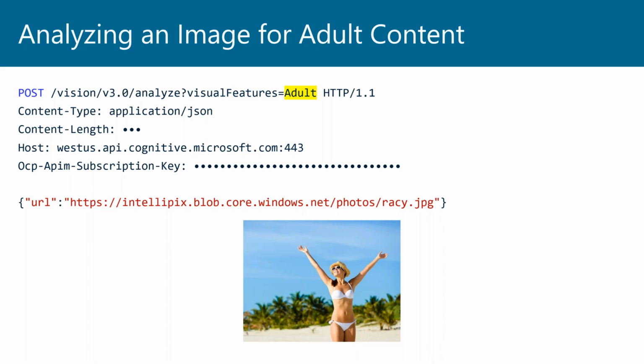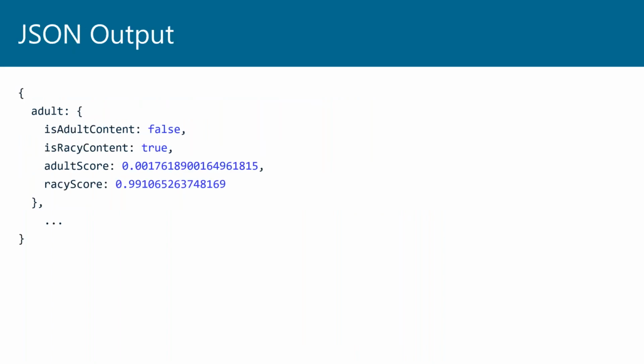You can also pass the image itself encoded in the body of the HTTP post. And what you get back when you make that call is a bunch of JSON. In this case, that JSON includes a pair of scores, something called an adult score and a racy score. These are values from 0 to 1, measuring the photo's adultness and its raciness.